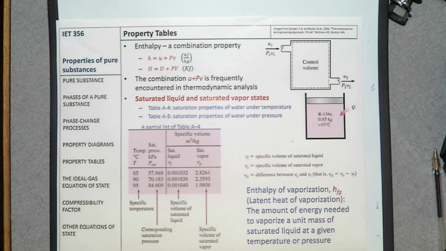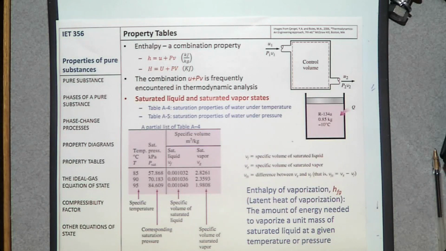Then we can just use U and PV. Why do we need to combine them and create another thermodynamic property? Because this U plus PV come together very often in thermodynamics, more often than U itself or PV. So throughout this semester, you will hear enthalpy more than internal energy U. That's why we make this enthalpy, even though it has no special meaning in physics.